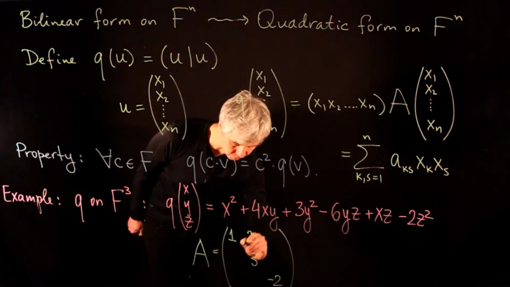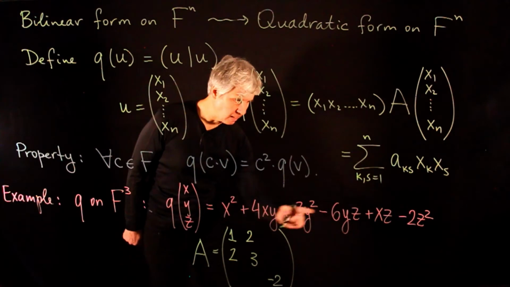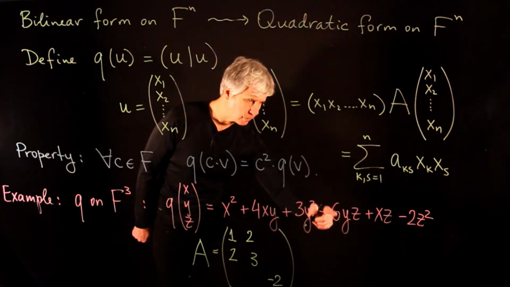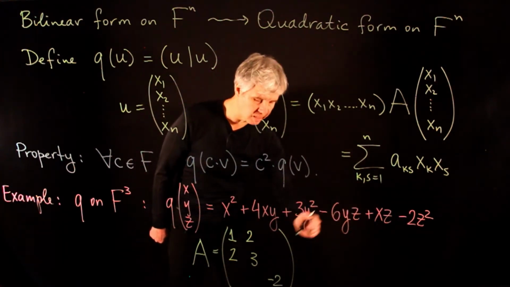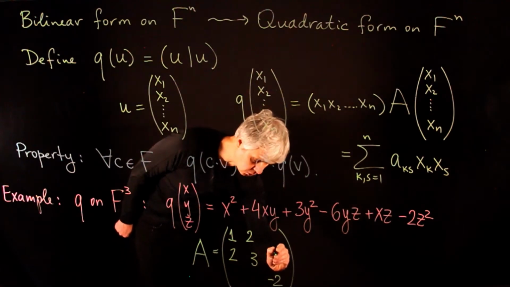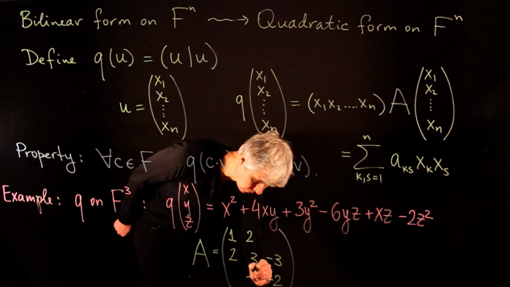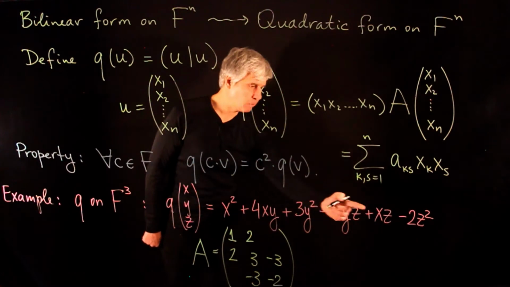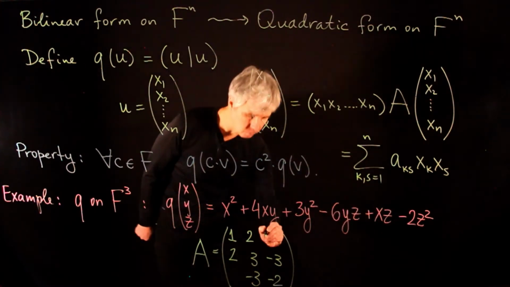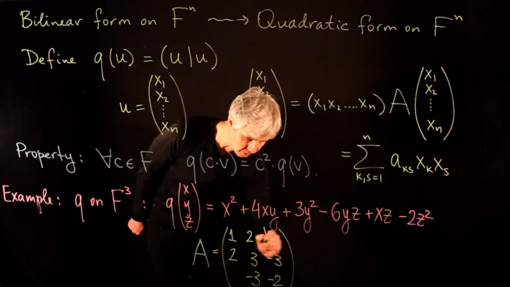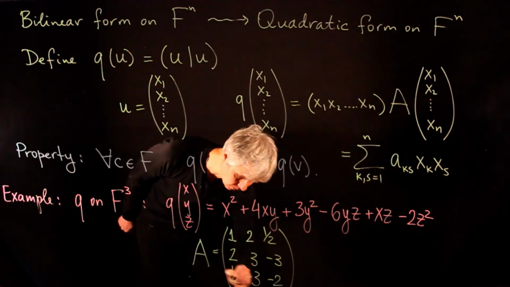So here we'll have 2 and 2, and the same for the term minus 6yz. So this becomes a coefficient -3 here and -3 here. And for the term xz, we will have to put coefficient 1/2 here and the coefficient 1/2 here.